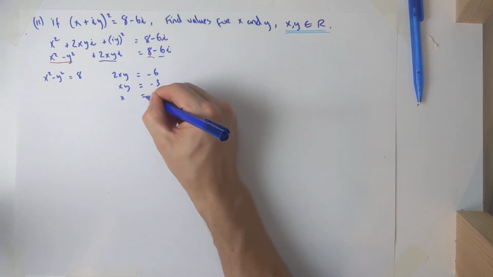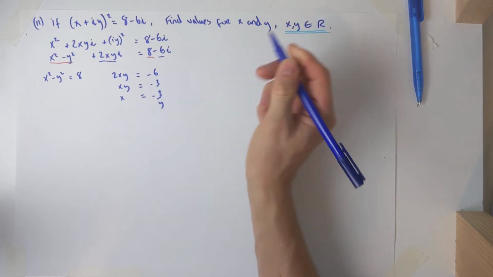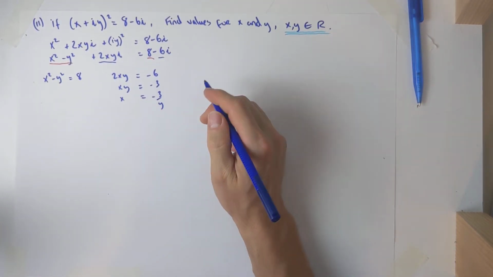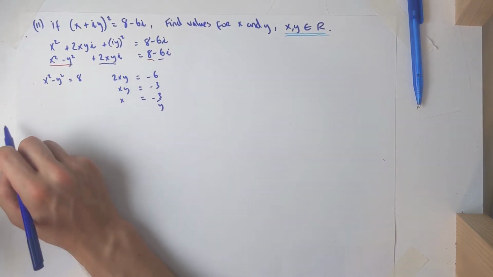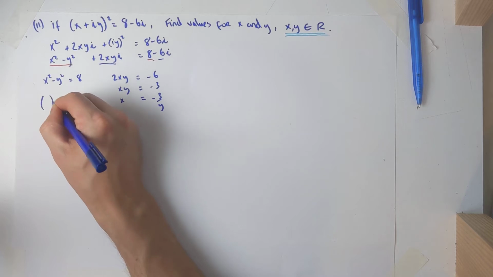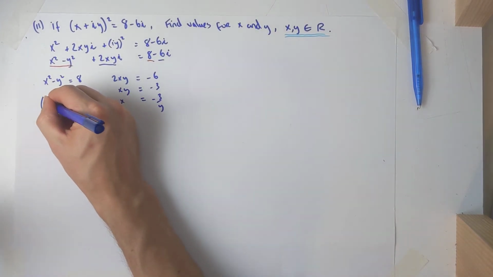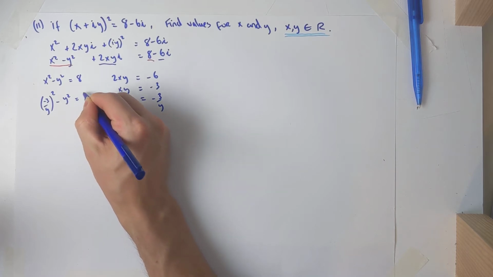It doesn't matter which one you pick. If I was to say x is equal to minus 3 over y, I'd have x written in terms of y. I go to my other equation and substitute that in. So instead of x squared, I have minus 3 over y, all squared, minus y squared is equal to 8.